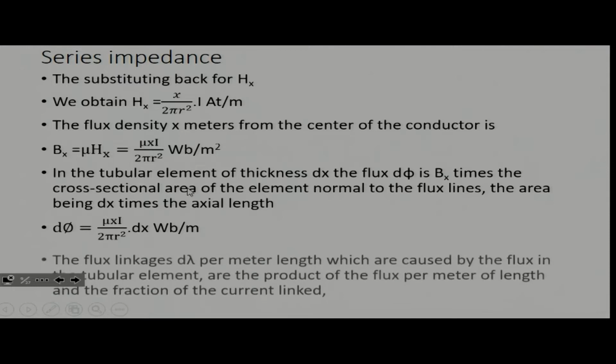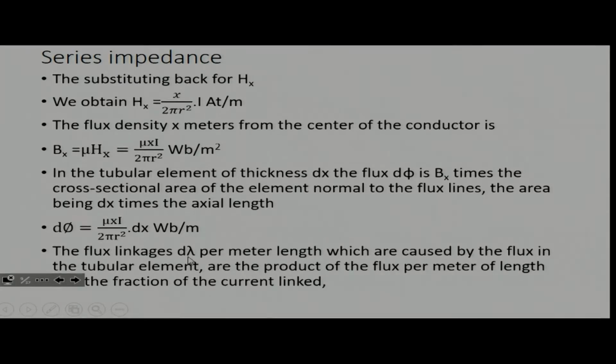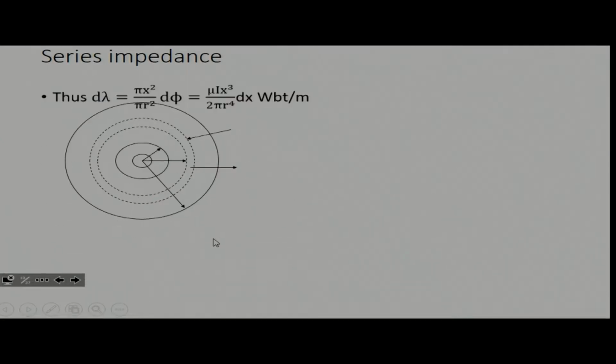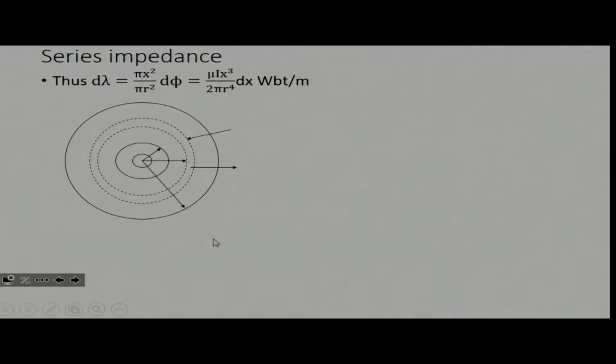Now if you integrate, the flux linkages d lambda per meter length, which is caused by the flux in the tubular element, are the product of the flux per meter length and the fraction of the current linked. Thus, d lambda is equal to pi x squared over pi r squared d phi, and that is equal to mu I x cubed over 2 pi r to the power of 4 dx. Now let's look at that drawing again.